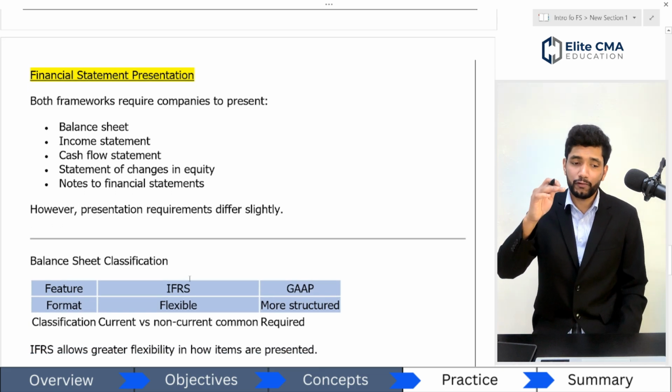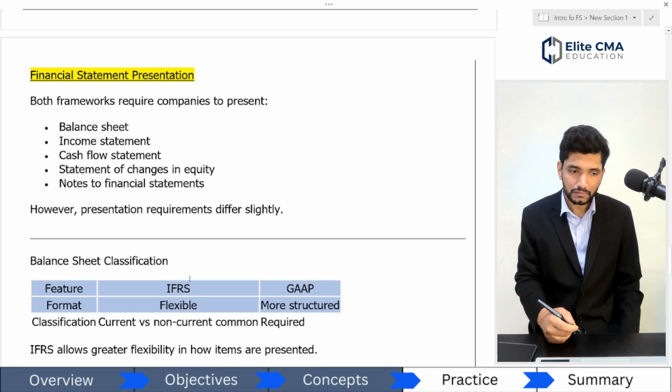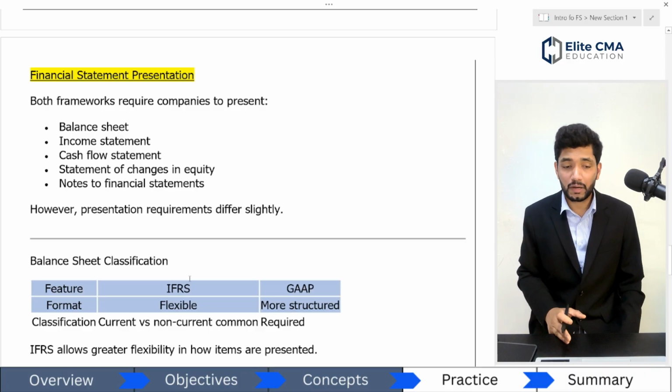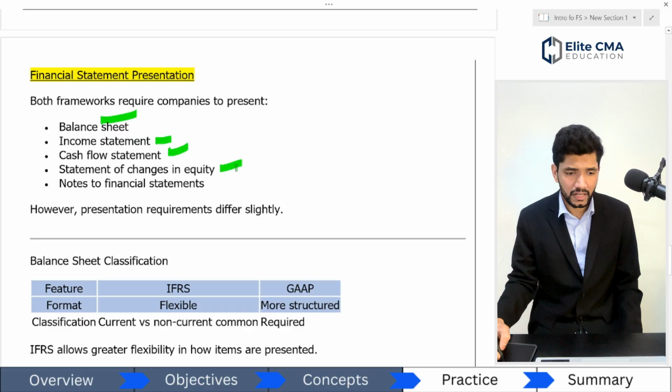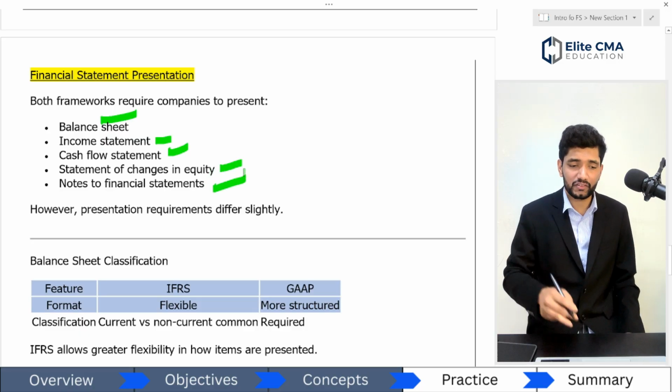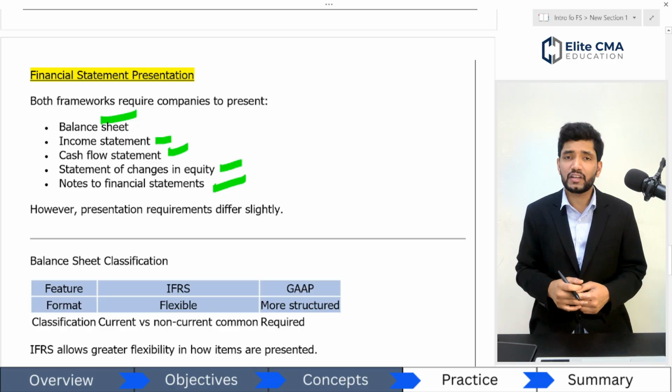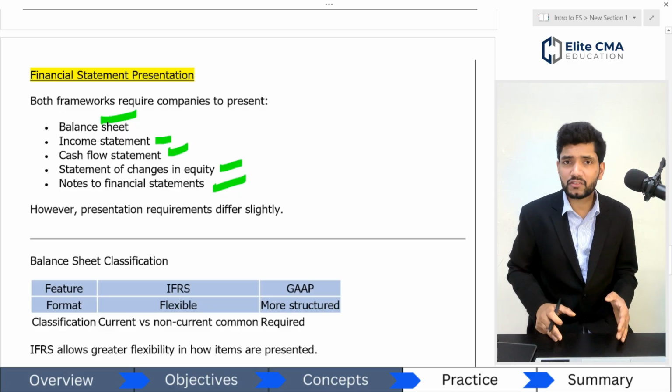Then let's move into financial statement presentation. Both frameworks require companies to present the balance sheet, income statement, cash flow statement, statement of changes in equity, and notes to the financial statements. However, presentation requirements differ slightly.